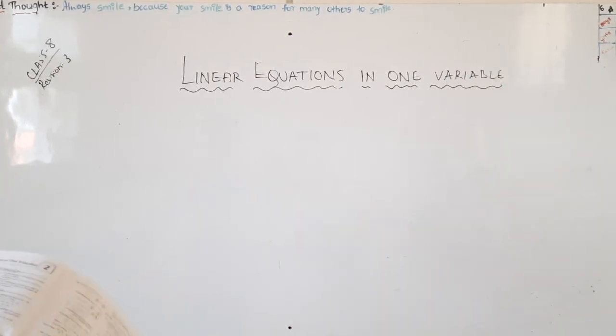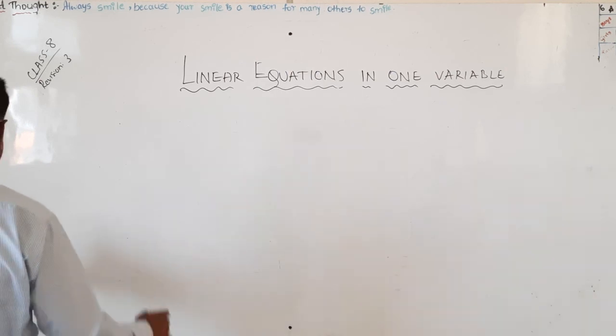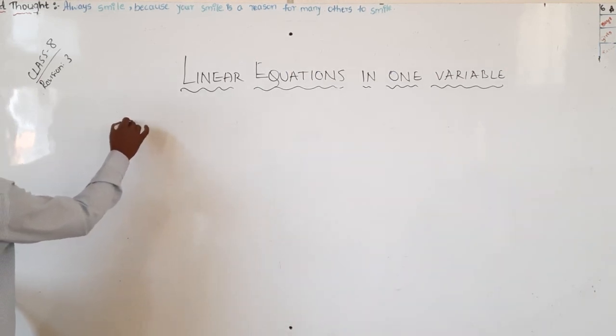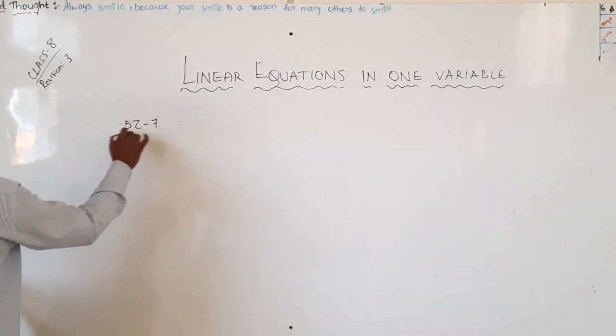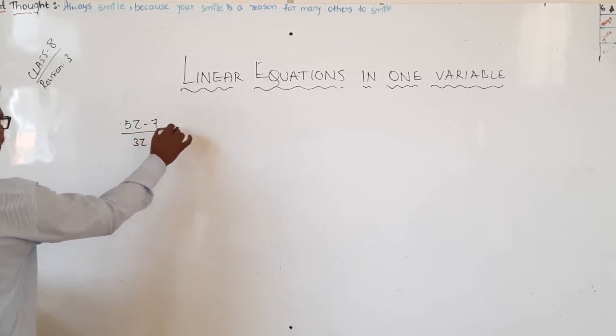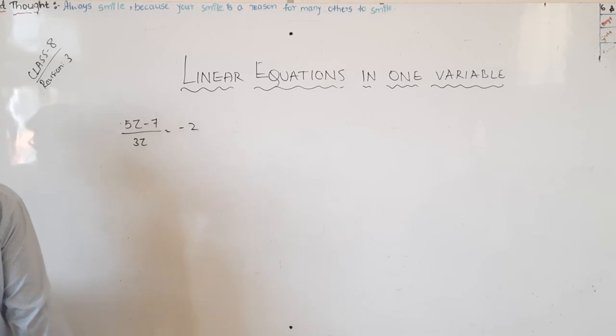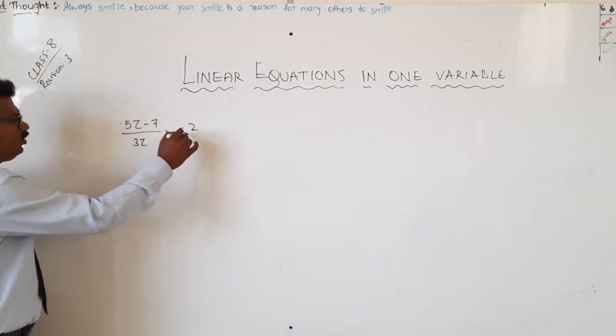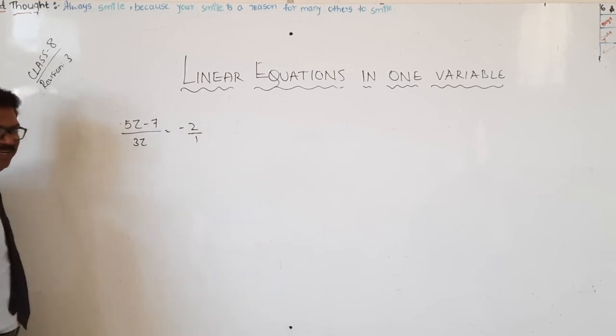Yes. Some more problems, you see. (5z - 7) divided by 3z is equal to minus 2. Very simple. I told you, write 2 as 2 by 1.